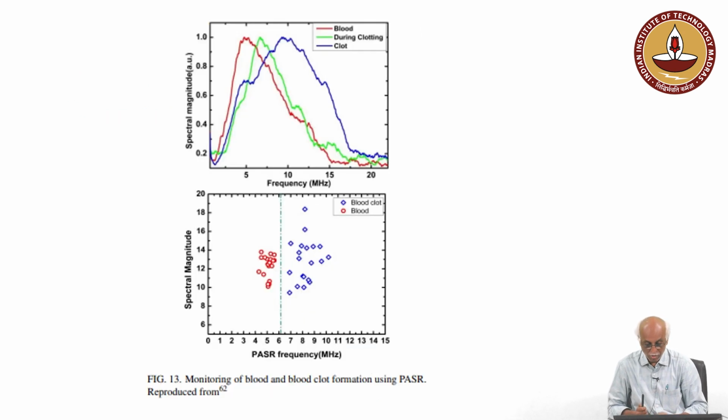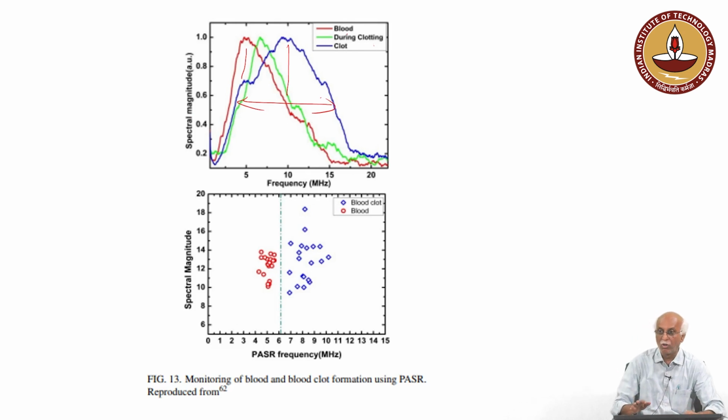Okay. It can also be used to distinguish blood samples and clotting regions as well. If it is a blood clot, the spectrum is much broader, and a frequency shift is also observed. These are all experimental outcomes, not on a human being or any living object.